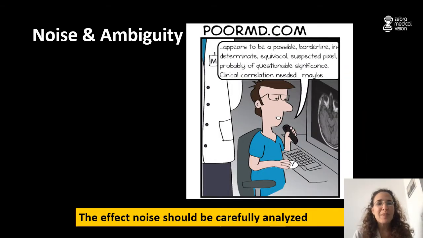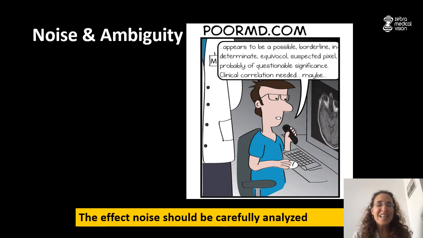To sum up this point of the ambiguity and noise that can appear in radiologist reports, it is well known that radiologists don't necessarily always commit to findings in the reports, and a lot has been said about radiologists and hedging.